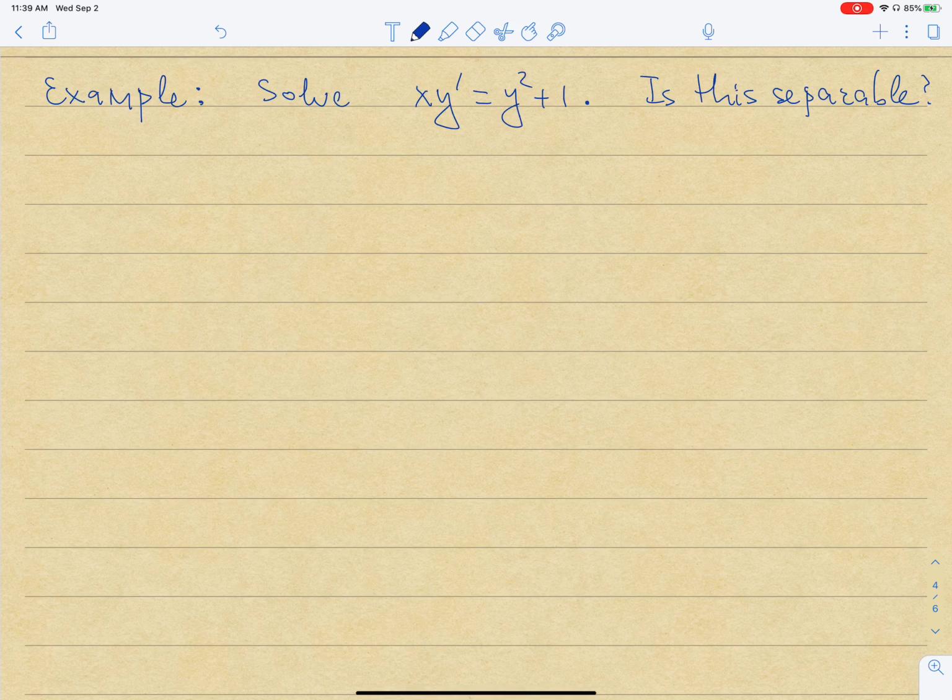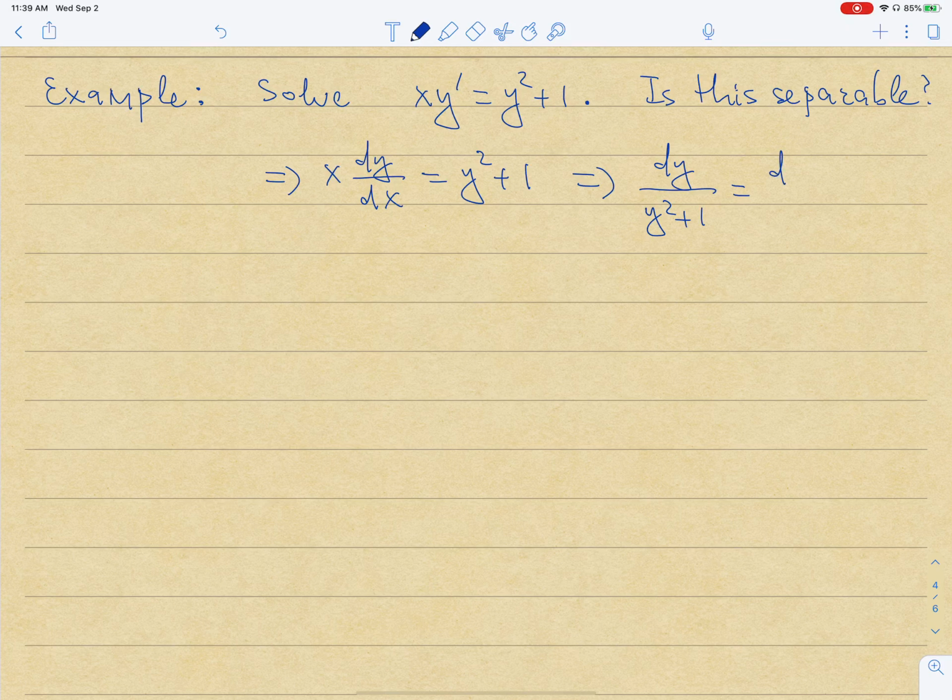So I'm going to write y prime as dy over dx. So x dy over dx is y squared plus 1. And then clearly, I can divide both sides by x and by y squared plus 1 and multiply by dx to get dy over y squared plus 1 equal to dx over x.